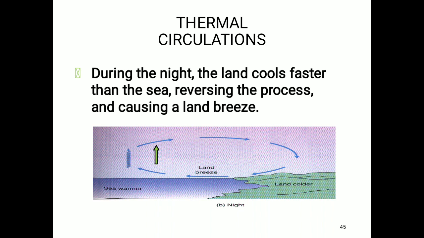In the night, when the sun goes off and the temperature becomes lower, the sea, which has absorbed the energy throughout the day, will release the energy, and the hot air from the sea goes up, and the cooler air from the land side will replace that at the bottom. This formation is called a land breeze.